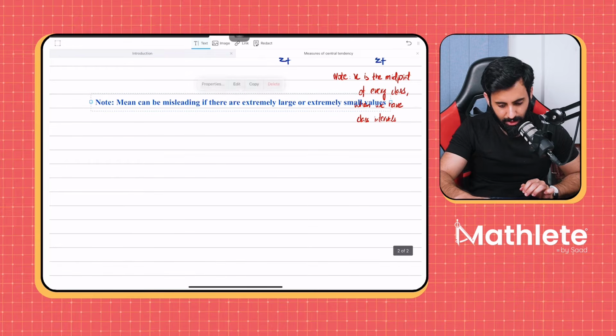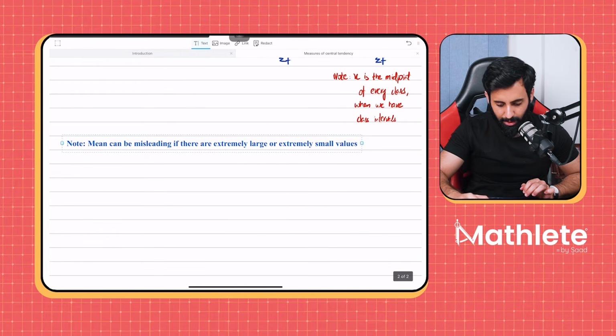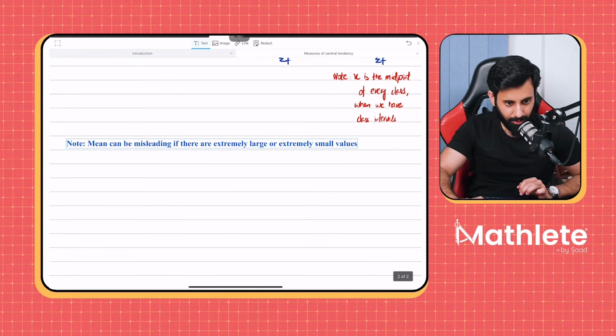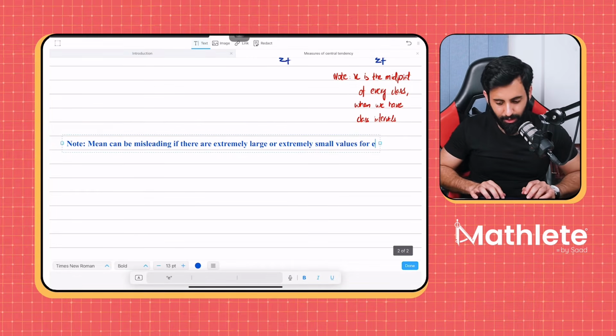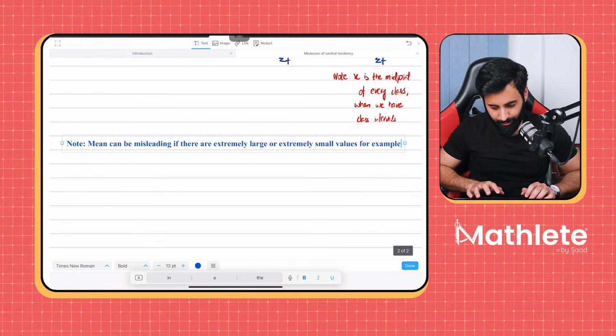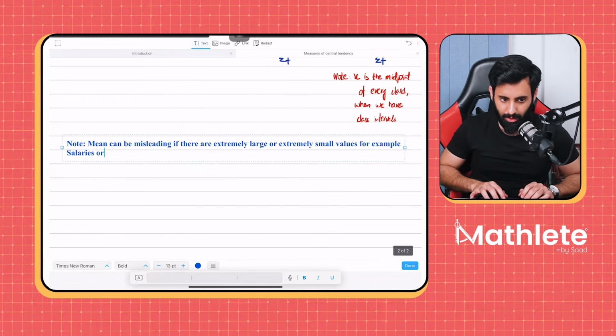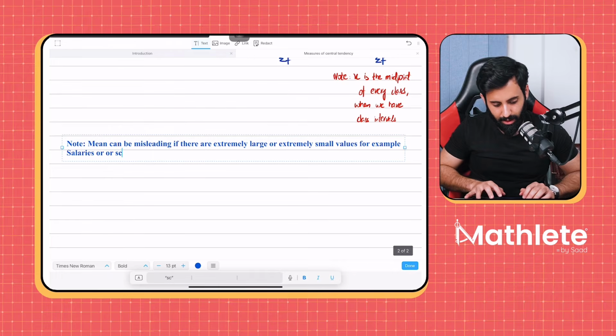Okay, so this is an example of where mean can be misleading. Like for example, salaries, and any other example, or even grades, or score of an exam.